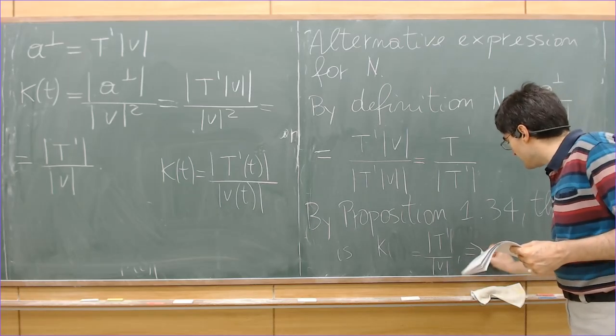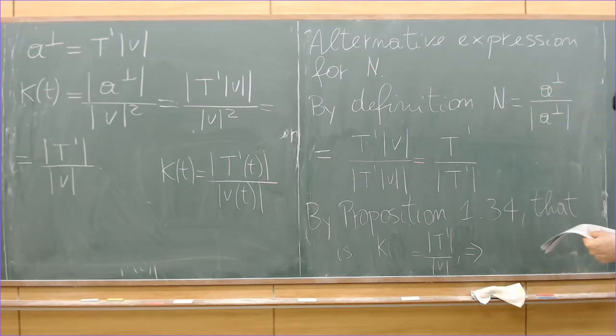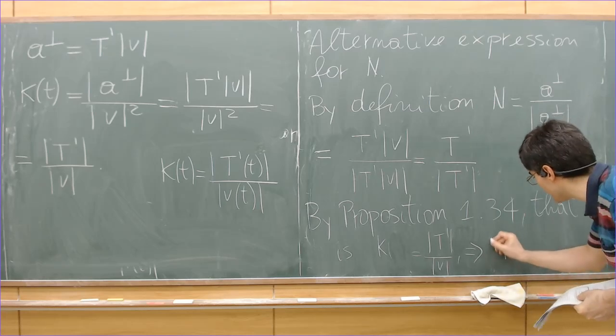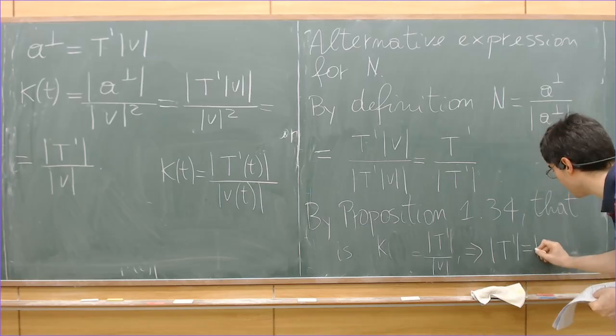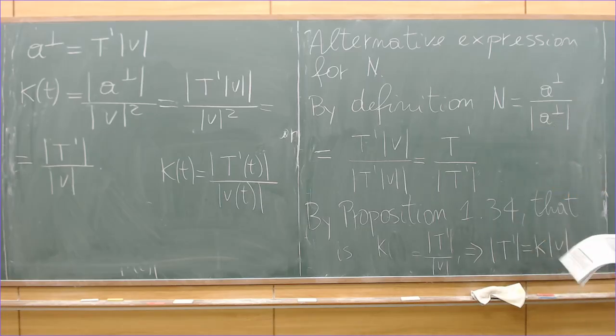We get that the length of t prime is k times the length of v.